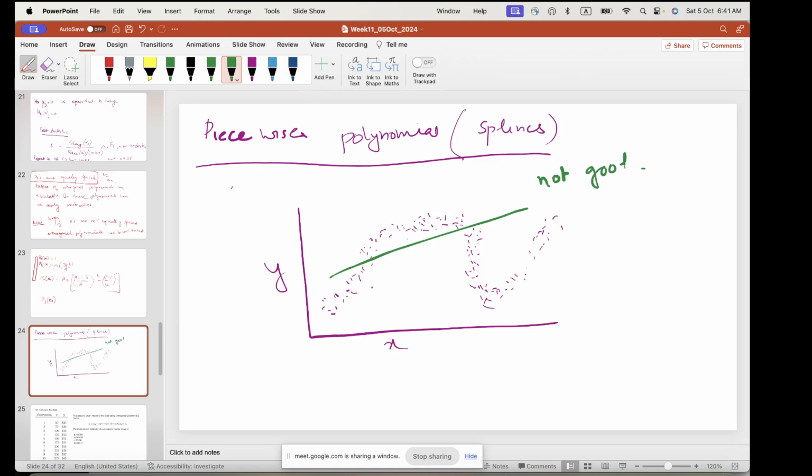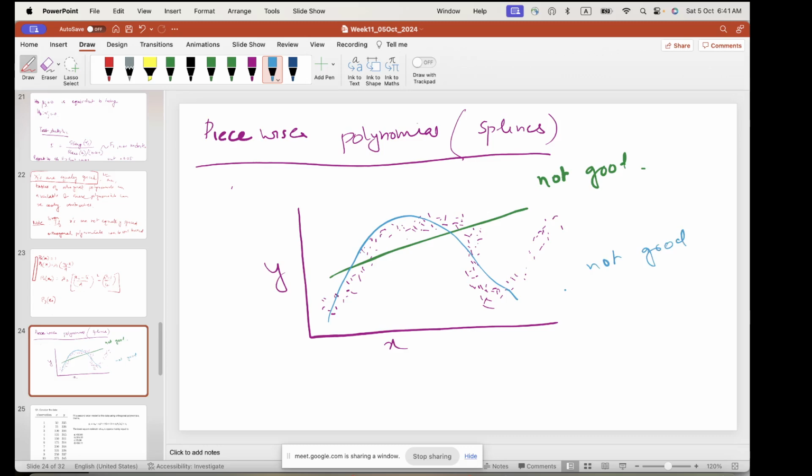Now let's try a quadratic fit of sorts, let's say something like this. But here also we can see that this is not good.